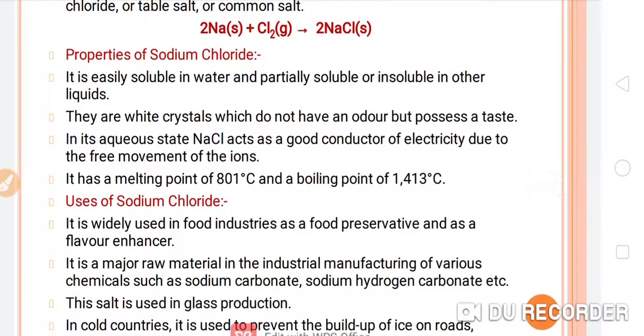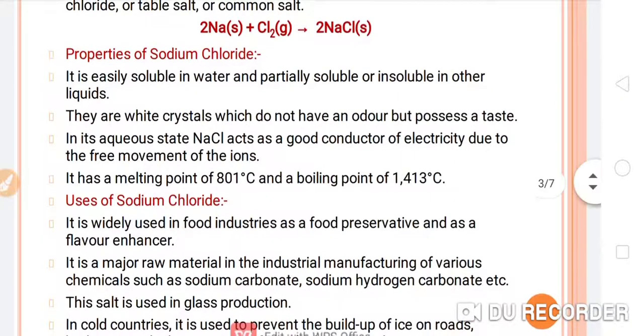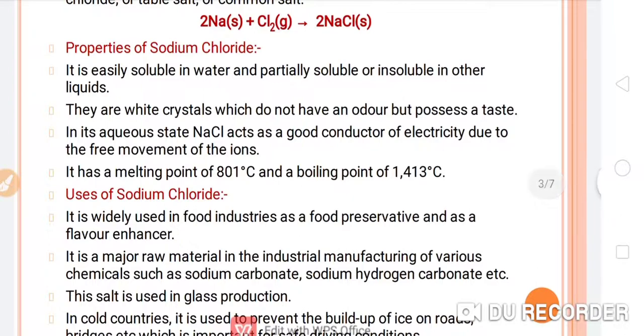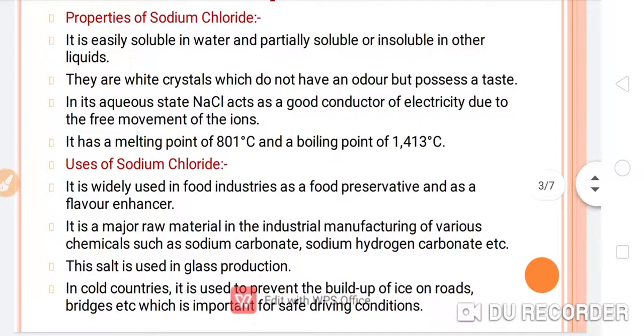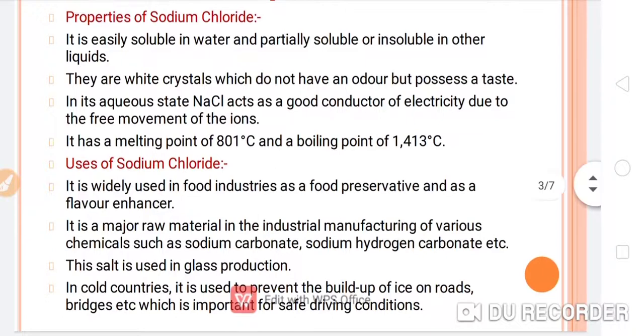And the next point, it has a melting point of 801 degrees Celsius and a boiling point of 1413 degrees Celsius. So its melting point and boiling point are very high. Why? Due to the electrostatic bond existing between the two particles, the sodium and chlorine.